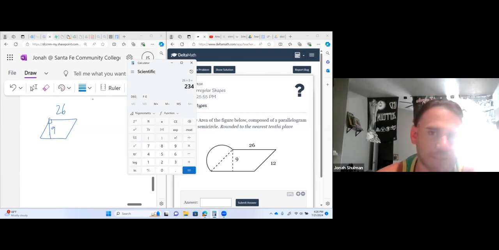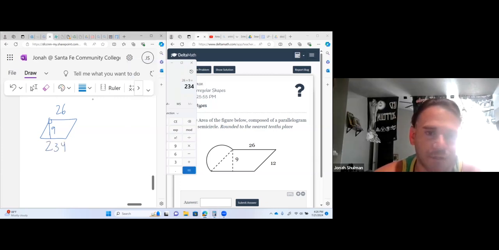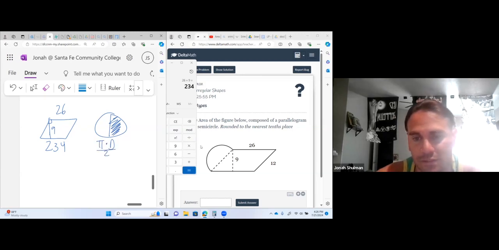And see, look, we all make mistakes. 234. Now, do I have a whole circle? No, I have half the circle. So it's pi times diameter divided by 2. What's the diameter? It's this one, the 12, like it slid over. So it's pi times 12 divided by 2.